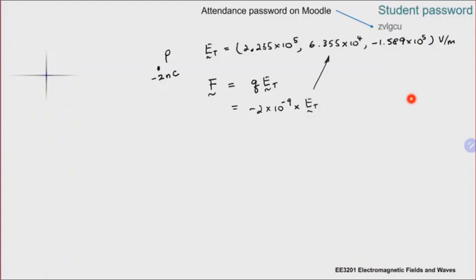So I'm not going to rewrite that. Just multiply it by -2 times 10 to the minus 9. That will give us minus 4.45 times 10 to the -4, minus 1.27 times 10 to the -4, and then 3.18 times 10 to the -4 Newton.